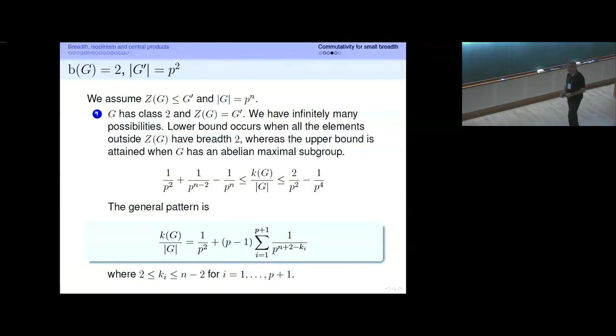There is a case, they are called either semi-extraspecial p-groups or p-groups of Camina type.